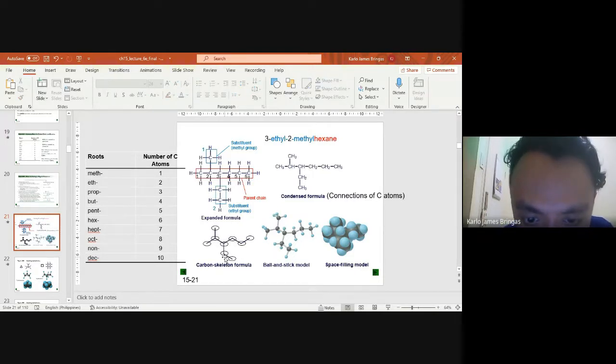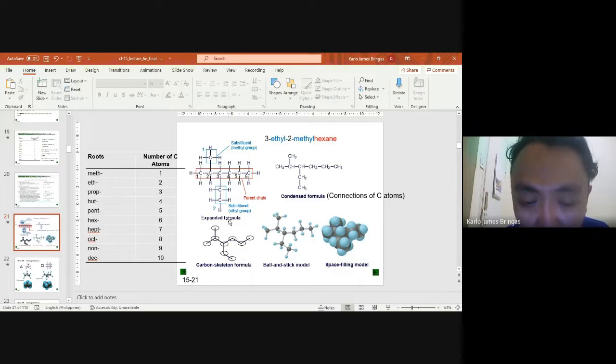So each point in here represents a carbon atom. So this one is the 2-methyl. And itong andito, this is the 3-ethyl. So in here, we just simply disregard all of the hydrogens. And ang kada carbon atoms is just represented by the ends and the middle ng kada linya. So that's the carbon skeleton formula.